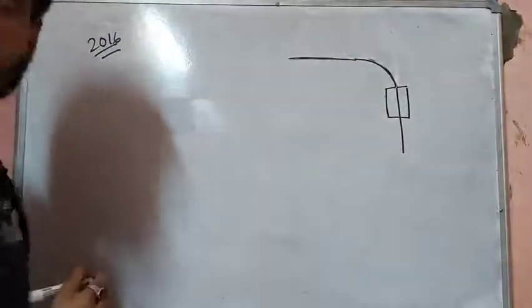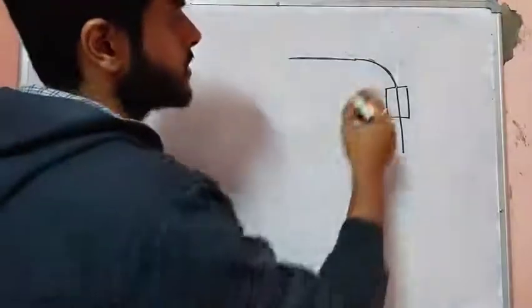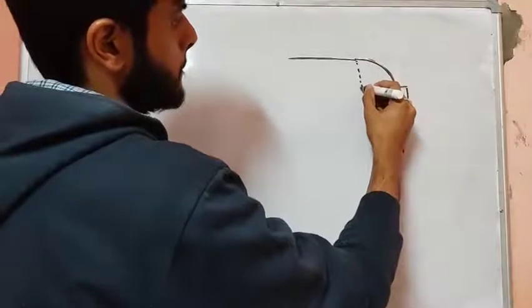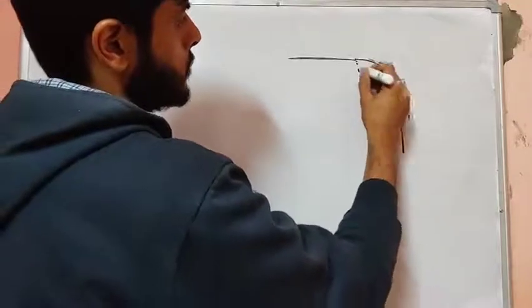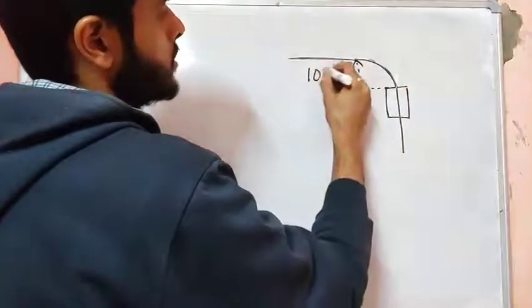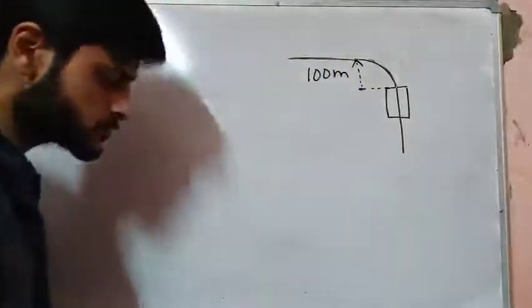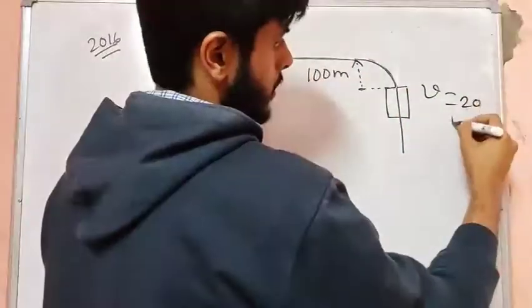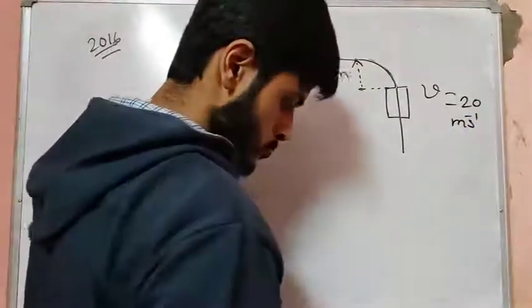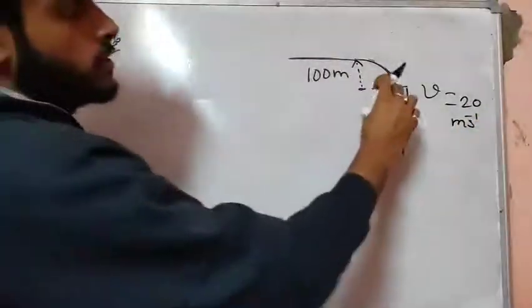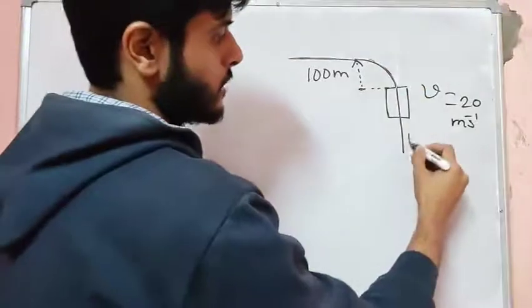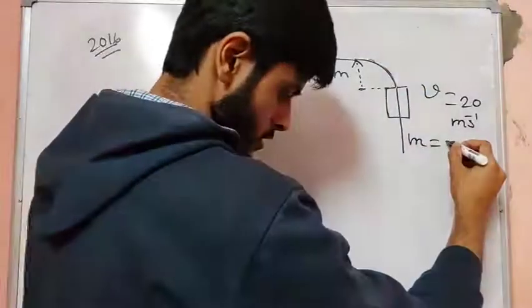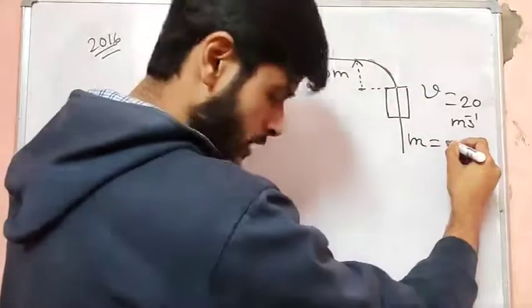The radius of this turn is given as 100 meter. The linear velocity of the car is given as 20 meter per second.